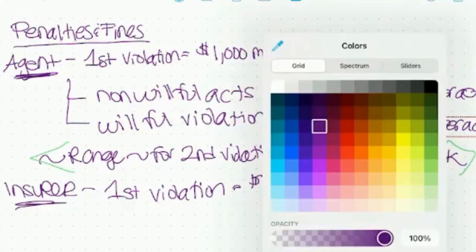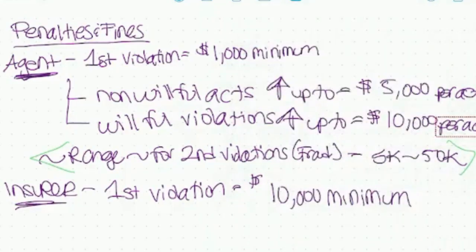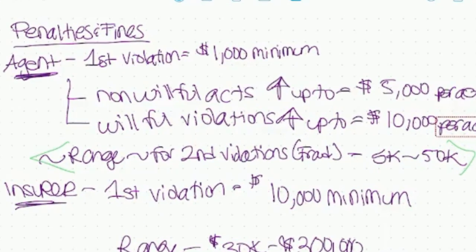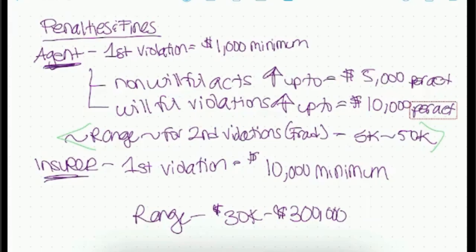Now, the insurer, their range was $30,000 to $300,000. And they don't really get this non-willful or willful kind of break that agents get. They're getting fined $10,000 minimum for their first violation. For frequent violations or more serious violations, it's going to fall within this range.